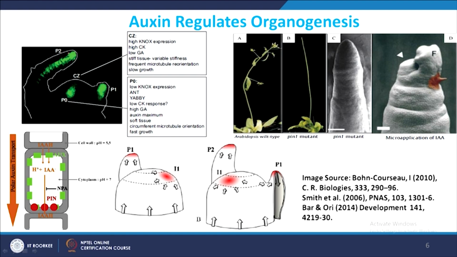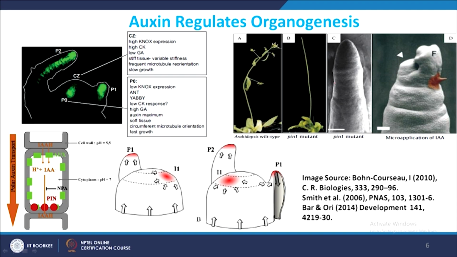And then if you look at some of the mutants, the PIN mutant, PIN is basically a protein which is responsible for polar transport of auxin. How it happens I will discuss here, but if you do not have PIN protein, the auxin is not getting distributed properly, and you see that organogenesis is almost blocked and the structure looks like a pin.